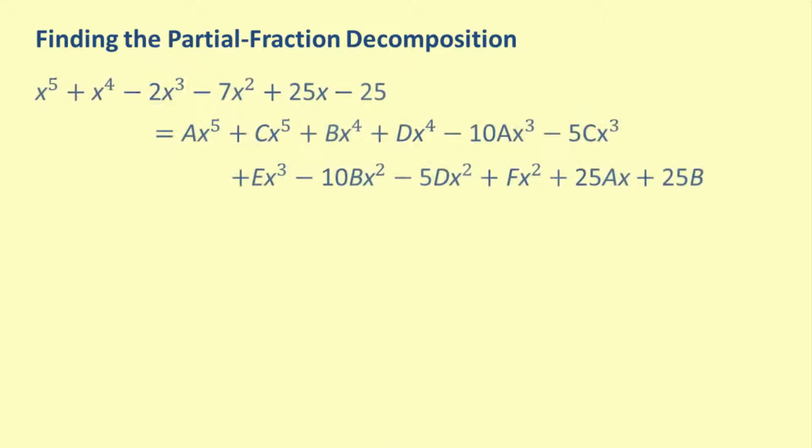Rewrite the right side of the equation to group terms with like exponents together and go in descending order. Now let's factor what we can.